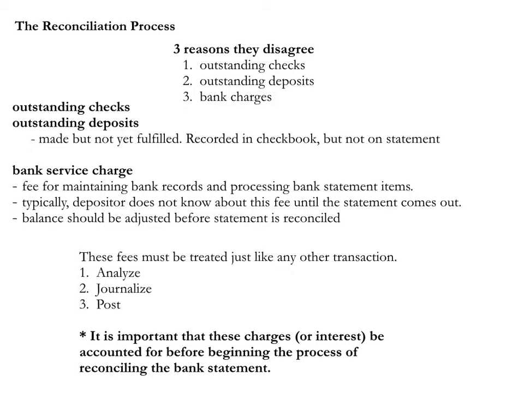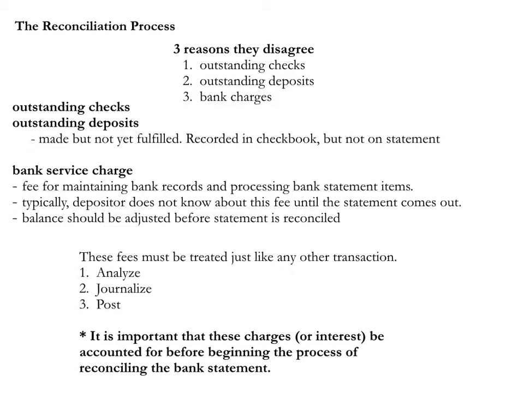Outstanding checks and deposits are checks and deposits that have been made and recorded in your checkbook, but not on the statement, because perhaps the person you wrote the check to didn't cash it yet. Bank service charges are fees that the bank charges for maintaining bank records and processing the bank statement items. Typically, the depositor doesn't know about this fee until the statement comes out.